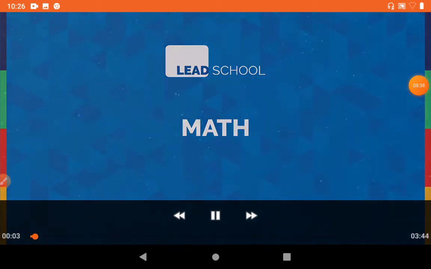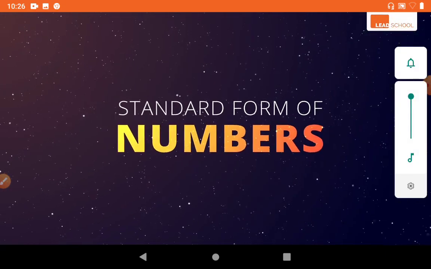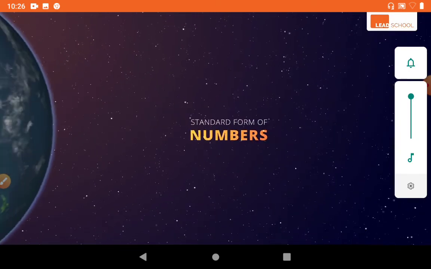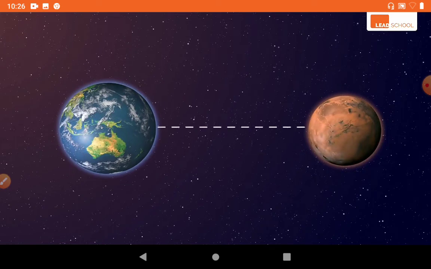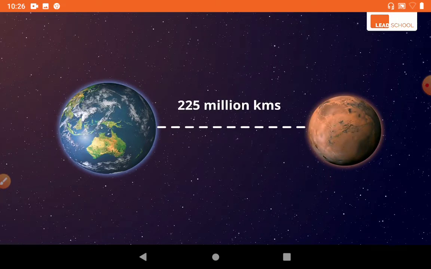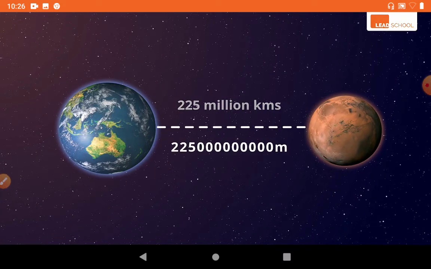The standard form of numbers. Have you ever wondered how far Mars is from Earth? The average distance between the two planets is 225 million kilometers, or when expressed in meters is 225 followed by 9 zeros. That is a lot of zeros, isn't it?